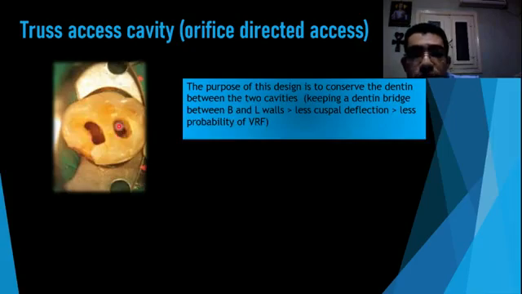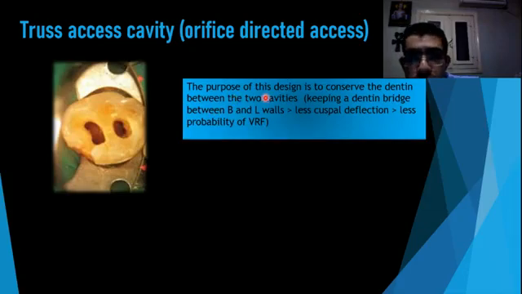If we have caries, but the middle part of the tooth is sound and we have sound dentin in this area, we can make two cavities only, one to access the mesial system and the other to access the distal system, and we can leave this dentin bridge or this truss between the two cavities.